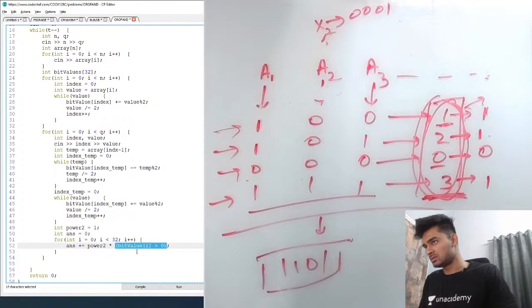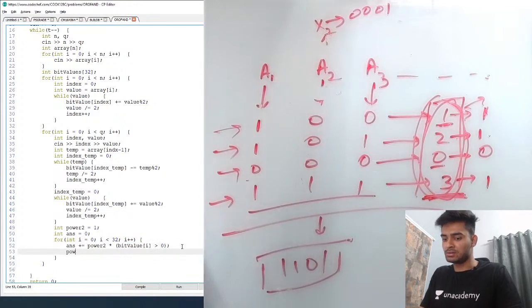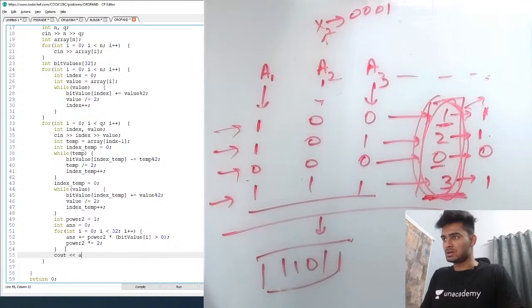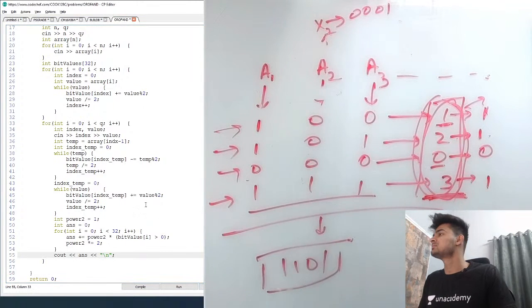Otherwise it will return 0. If this returns 1, we'll just add that 1 times power 2 into the answer, and then we'll multiply power 2 by 2, and I think that's it. We'll just print answer after this. Let's see if this works.